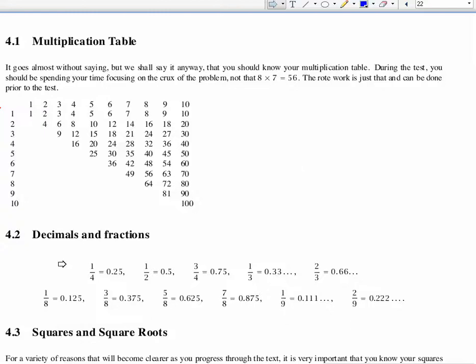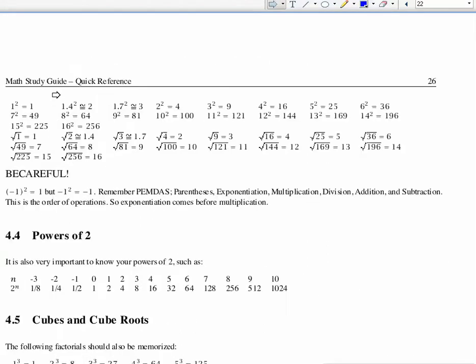Decimals and fractions are laid out for you here in the materials as well, and we've already covered the perfect squares, and they're shown in 2 different ways here. One is to know what your perfect squares are, and the other is to know what your square roots are. There's a little note about notation here, which it can be important to be aware of. It has tricked many a person.